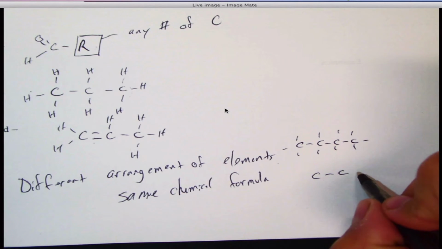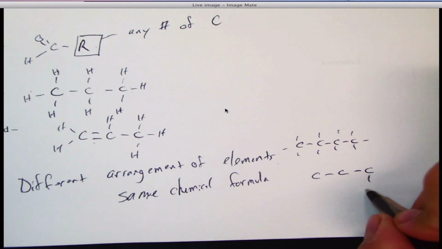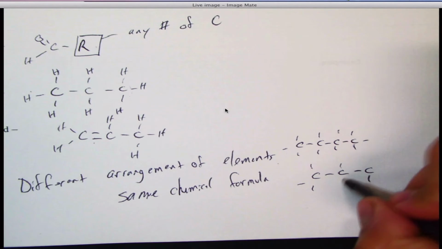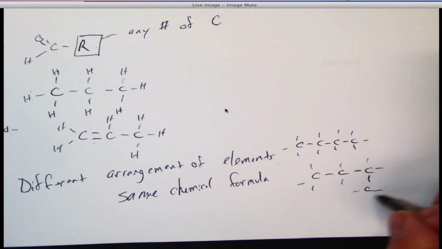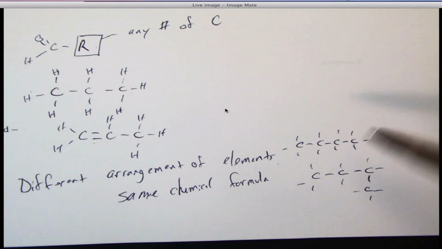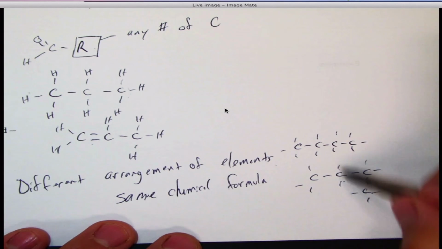This is also butane. All right, different way of drawing it. Okay, realize the different way you arrange them matters. Okay, it really does matter. So they have the same chemical formula.